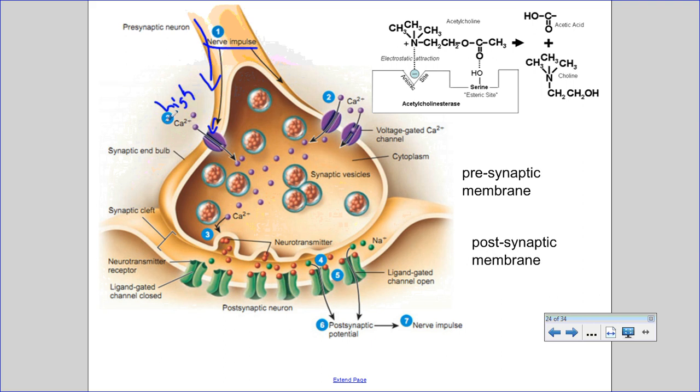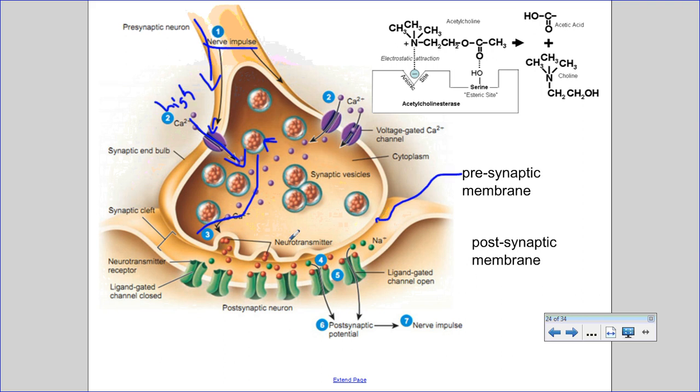This high level of calcium ions on the extracellular side will diffuse rapidly into the cell, and once in the cell, there are these synaptic vesicles, which contain neurotransmitter in them. These are the little red spheres. This calcium now will cause these vesicles to move to what we call the presynaptic membrane.